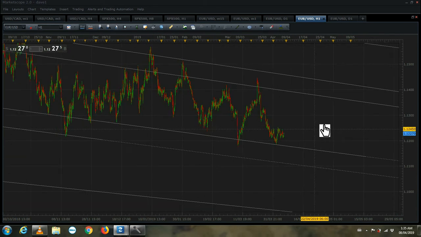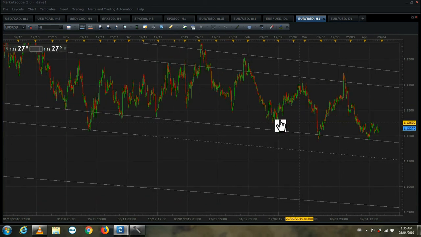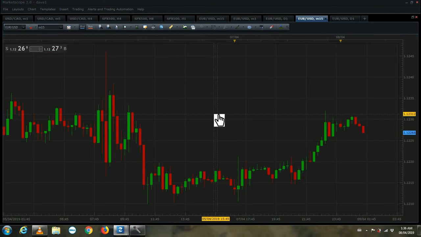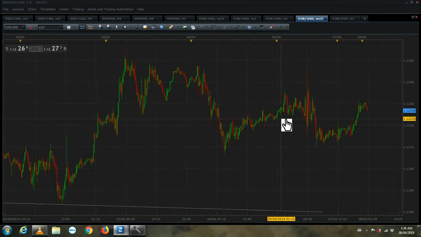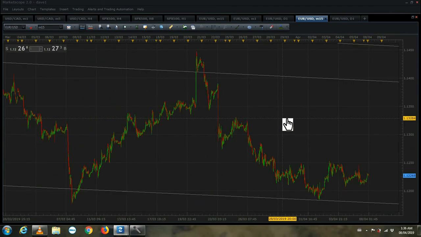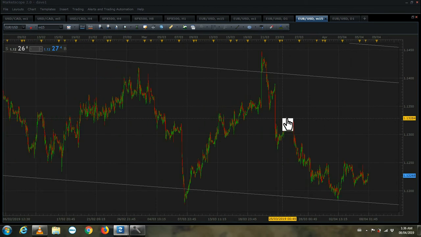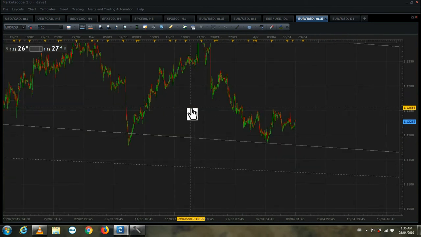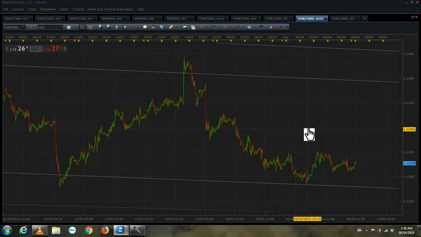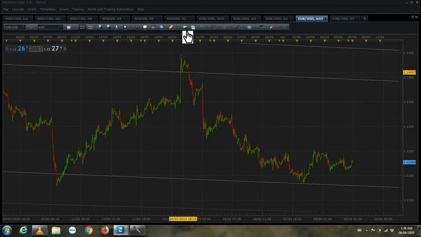Now, as we get closer to the day that we're on right now, so that's the hourly, let's break it down into the 15-minute. We had a bit of a downtrend.